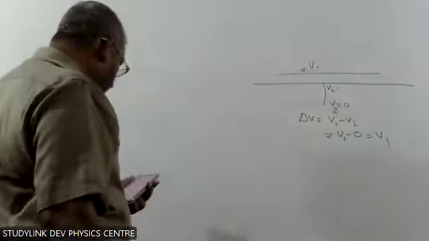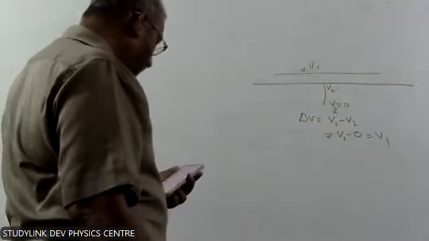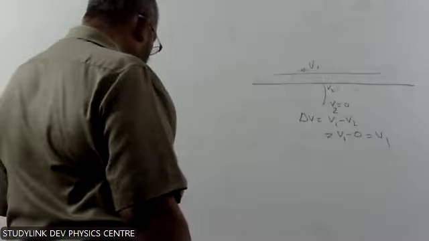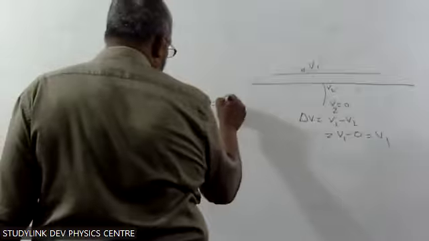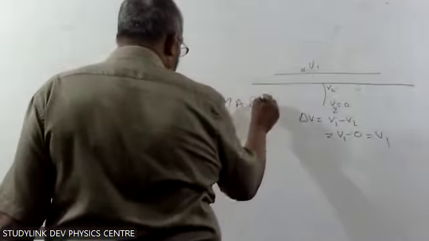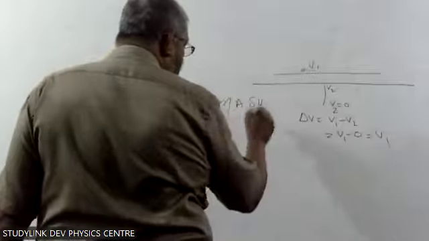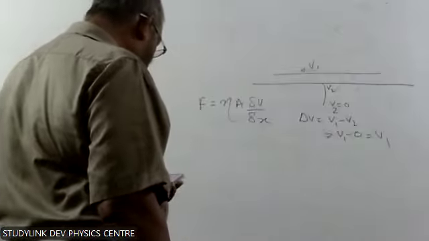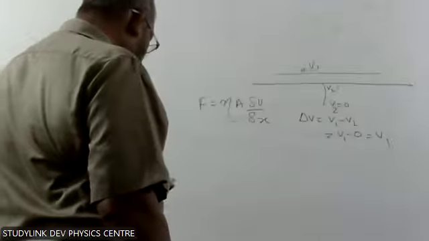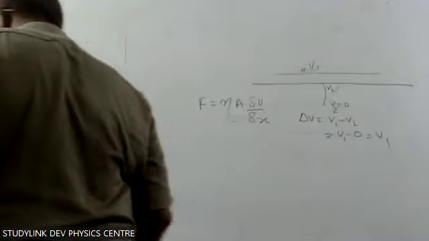Then after that, the cross-sectional area is given. Given means they mention it. Then F is equal to the Newtonian equation, eta A delta V over delta X. So the delta X value is given as d.